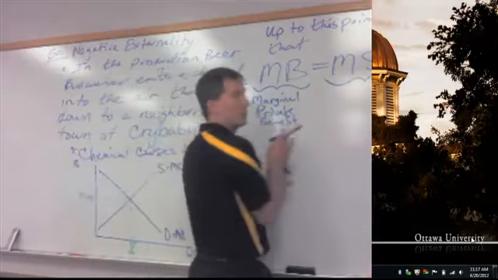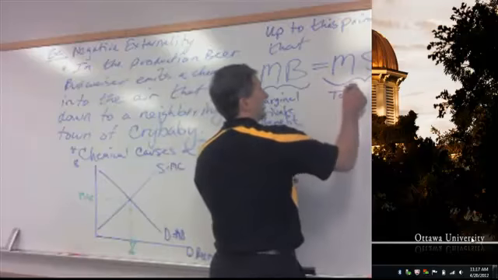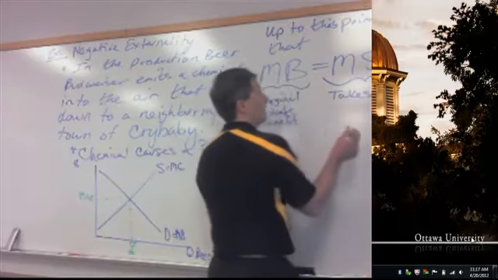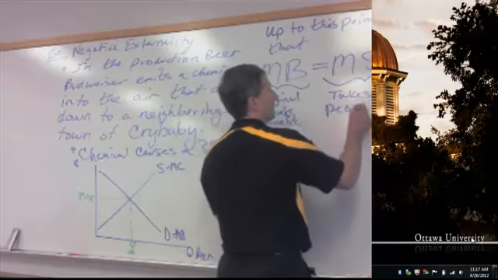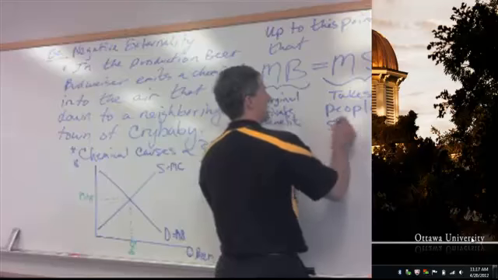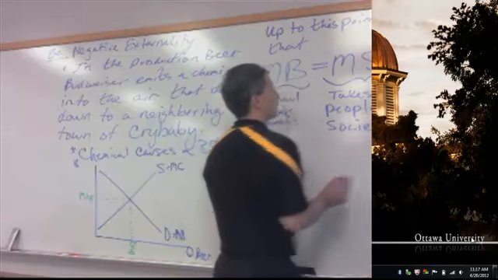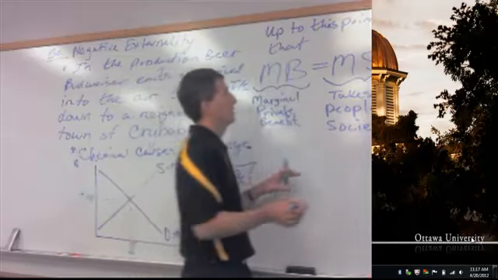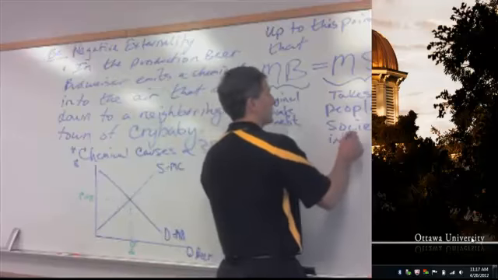So the marginal social benefit takes all people in society into account.